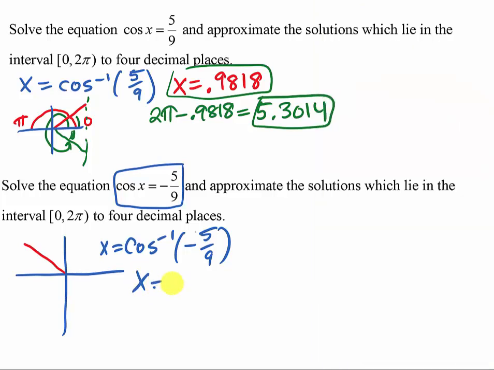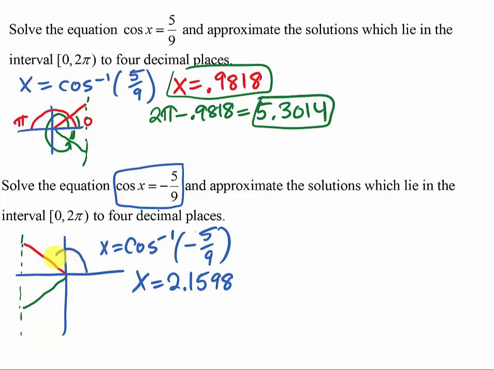So x equals 2.1598. Now I need to figure out where else on this circle between 0 and 2 pi I would have that same cosine value, and that would be right here in quadrant 3, because cosine value is negative in both quadrant 2 and 3. How would I figure out that angle?